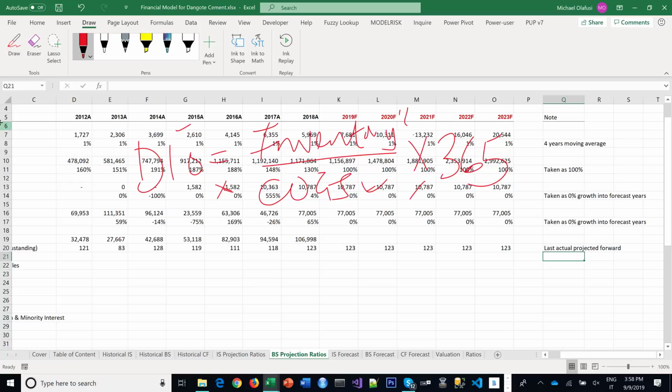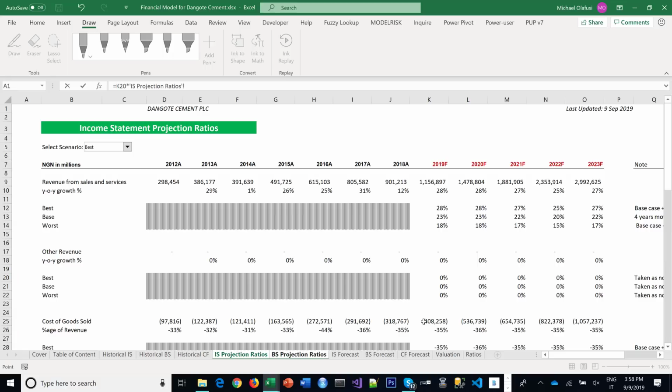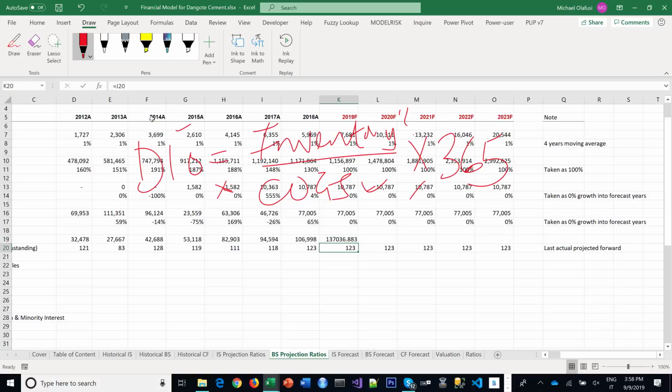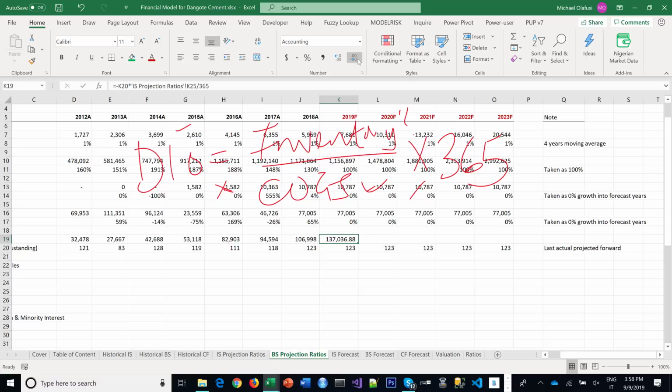And that's what I will do, equal to the DIO times the COGS for the forecast year divided by 365. And because of the minus that I needed to show as an expense, put back that negative, and so that is done.